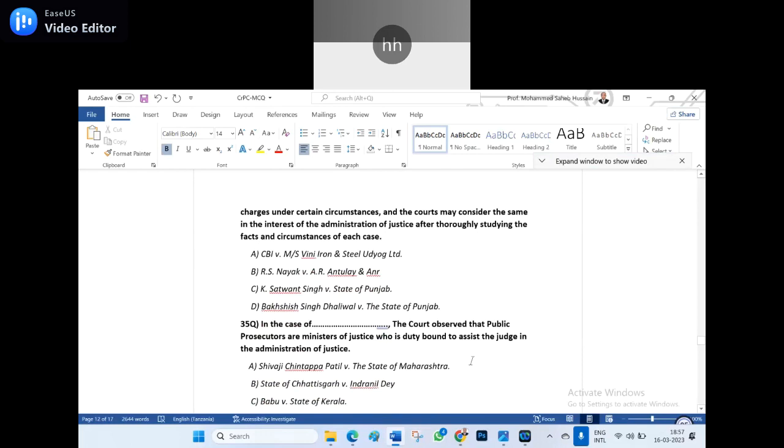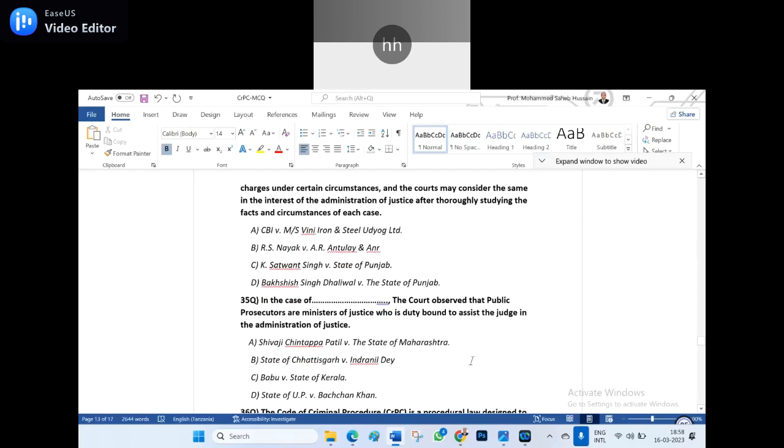Now let us go to the 35th question. In the case of dash, the court observed that public prosecutors are ministers of justice who are duty bound to assist the judge in the administration of justice. It is decided in the case of A, Shivaji Chintappa Patil versus State of Maharashtra. B, State of Chhattisgarh versus Indrani Day.